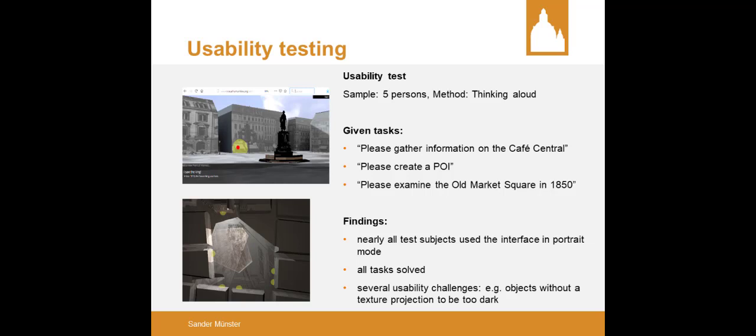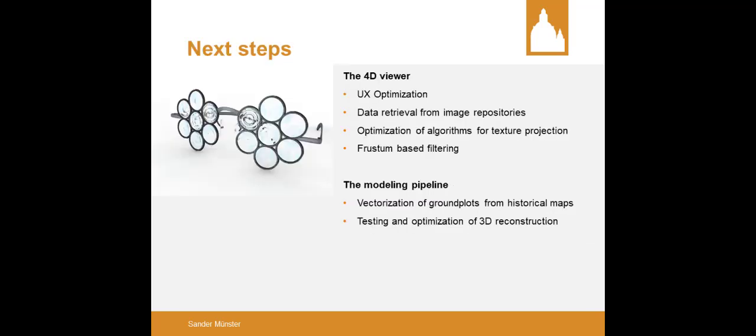And we were faced with several usability challenges, not surprisingly, but one thing of interest for us was that if you have a sensor-based application which interacts with the orientation of your device, this is not intuitive for all users, so we had to include a video showing this in advance.